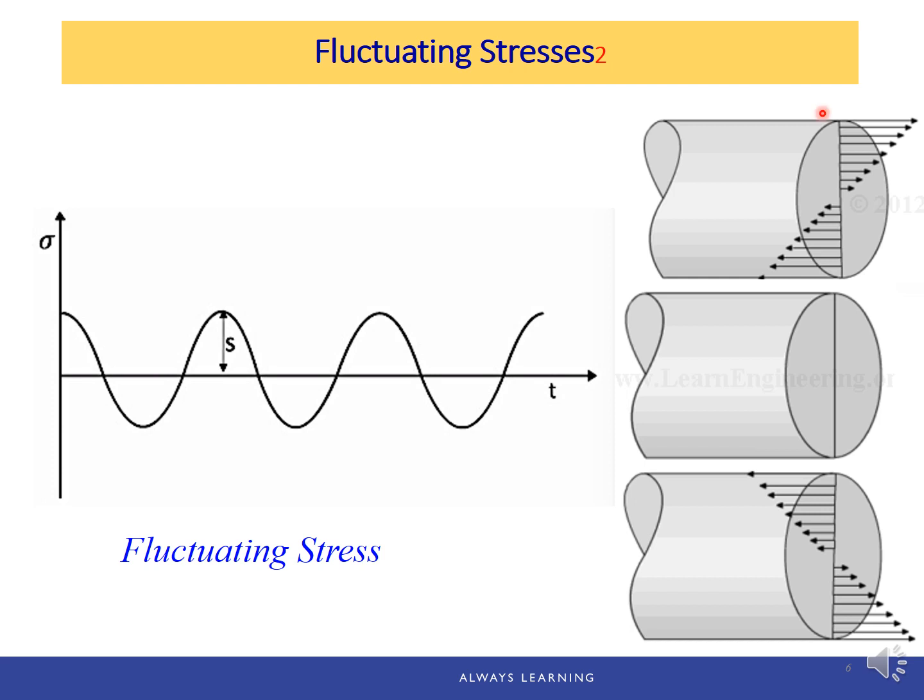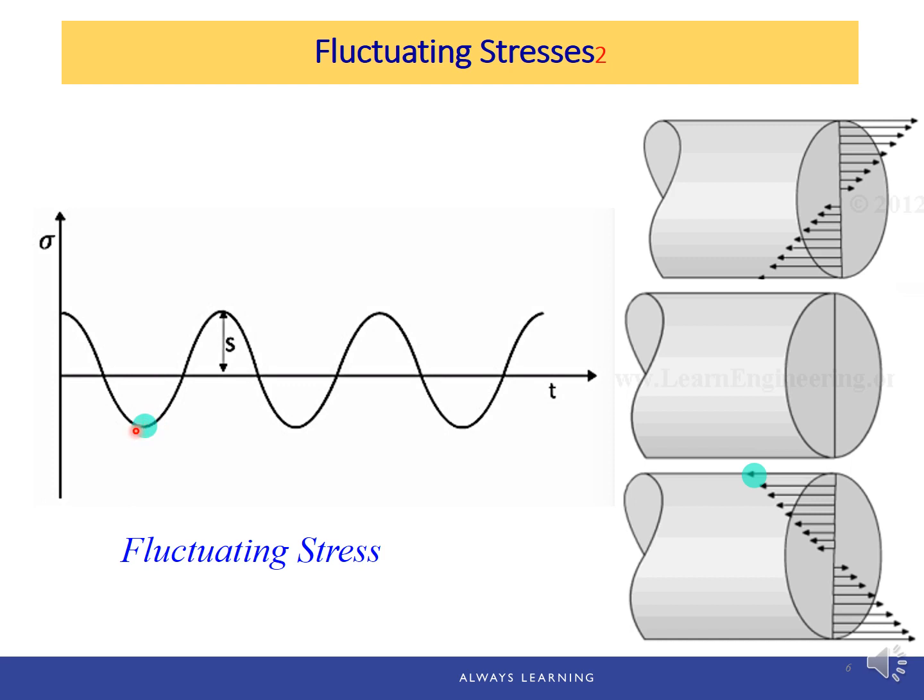So if we trace the stress induced at a point, let's say this top point here, with time, this is what we have. First, this point is subjected to tension and is a maximum tension. And then at the neutral position, it's 0. At the upward position, it becomes compression and maximum compression.